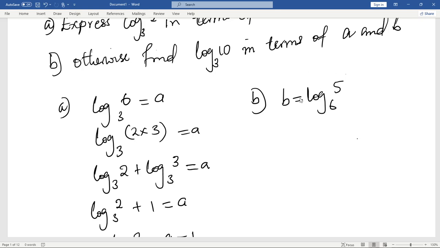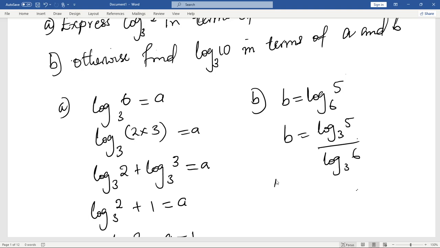So the change of base is simply going to be b is equal to log to the base 3 of 5 divided by log to the base 3 of 6. Here we make log 5 to the base 3 the subject because we want to use it later on in the question.